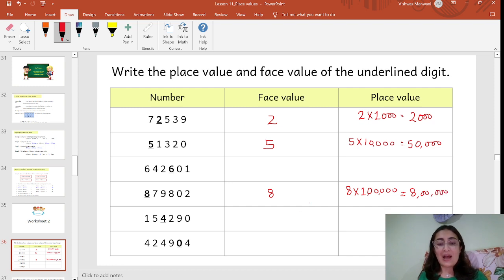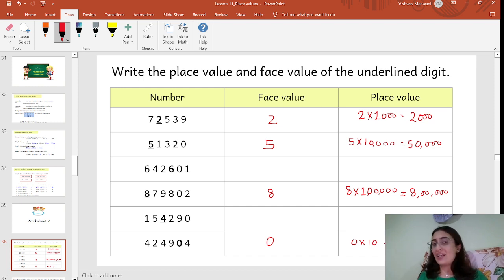Okay. Now let's come to the last example, which is 44,24,904. In this, my face value and place value both are going to be same, for a simple reason, of course, it's 0. So the face value will be 0 and the place value will be 0 multiplied by its position, which is 10, but again 0.